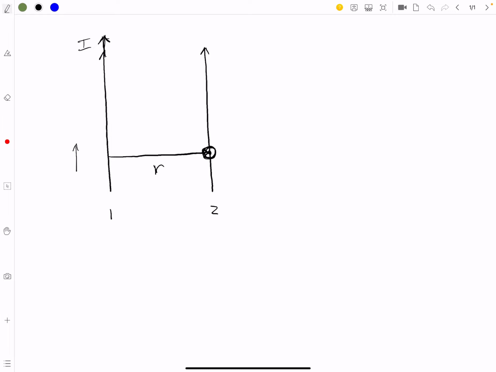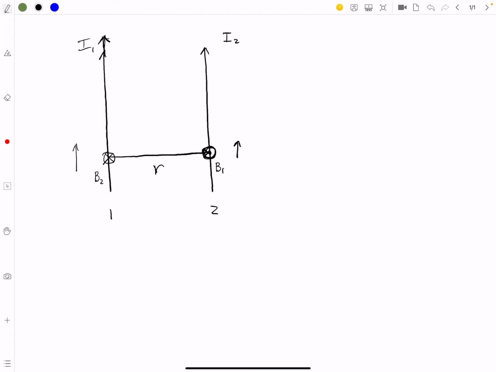If we were to look at current 2, so that's current 1, if we were to look at current 2 and we put our thumb in that same direction and we come over to where the wire is, we would notice that that would be the B field from 2, and this is the B field from 1. Okay? But we're only going to look at one at a time.